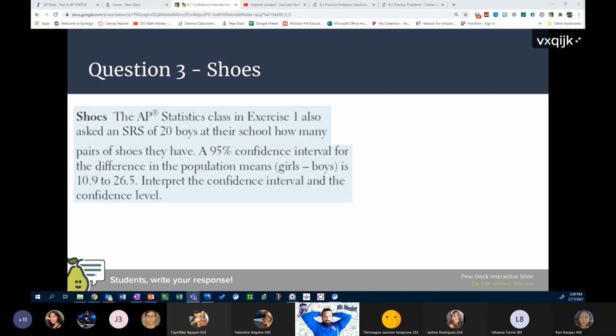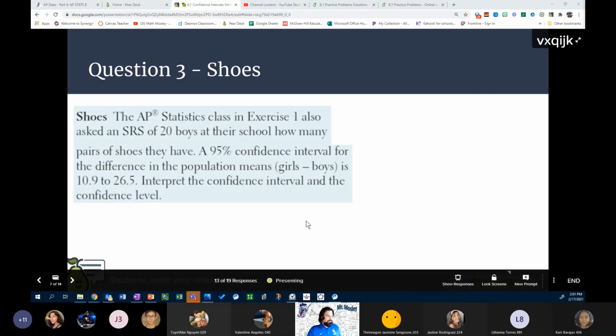A lot of you look like you have a better idea of how to write the confidence interval, obviously, because we've talked about it on the last few problems. Confidence level is probably a little more foreign, and that's okay. We're going to look at one possible way of writing these right now.